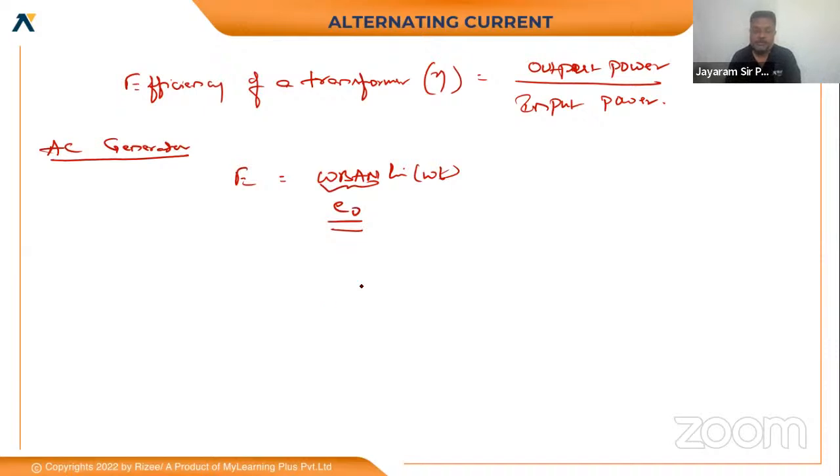So these are the conditions generally working for the different parts of AC circuits, or the efficiency of a transformer. These types of things will be seen. Please be careful.